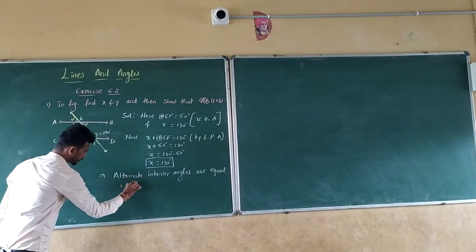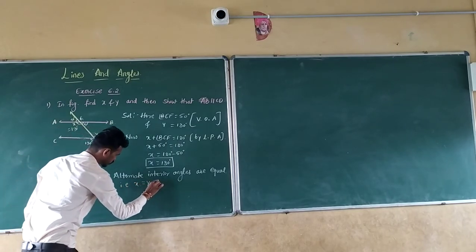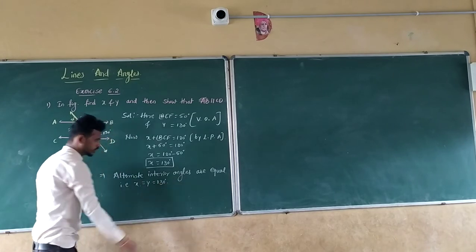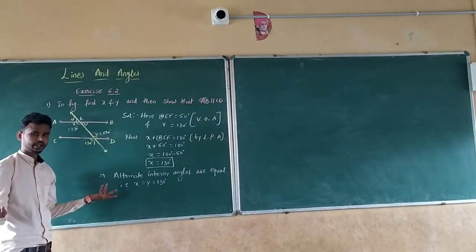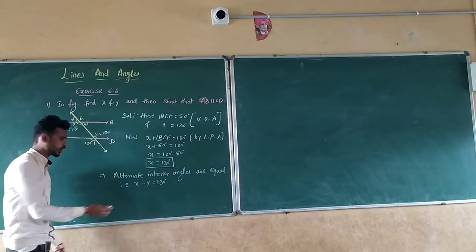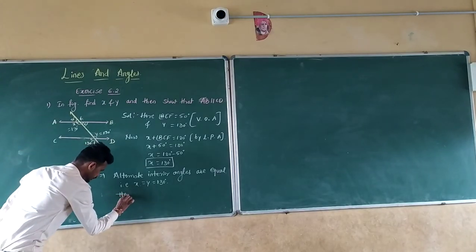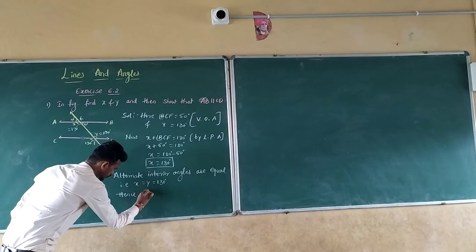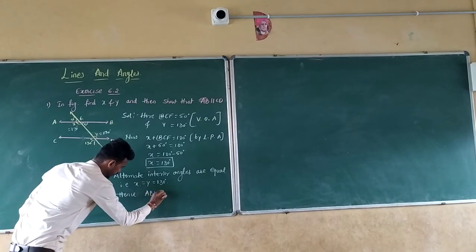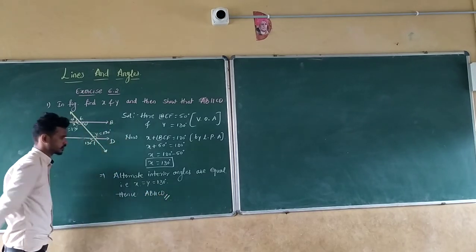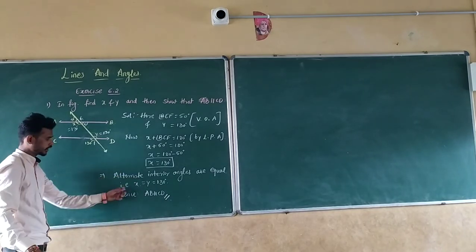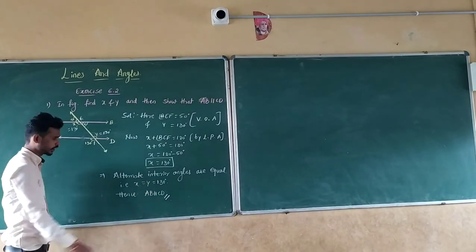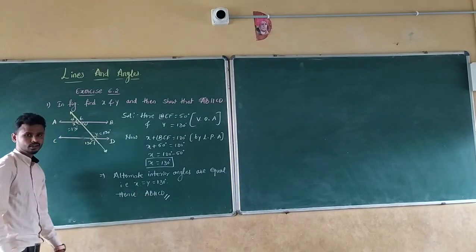That is, angle x is equal to angle y is equal to 130 degrees. So if alternate interior angles are equal, then automatically the two lines are parallel. Hence, AB is parallel to CD.